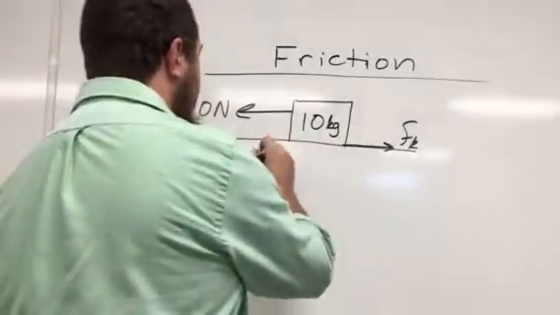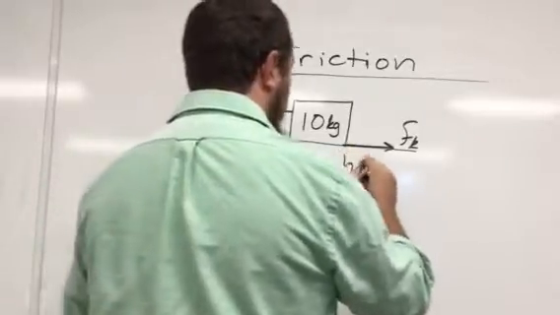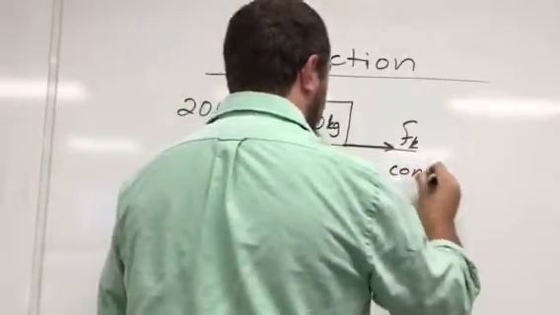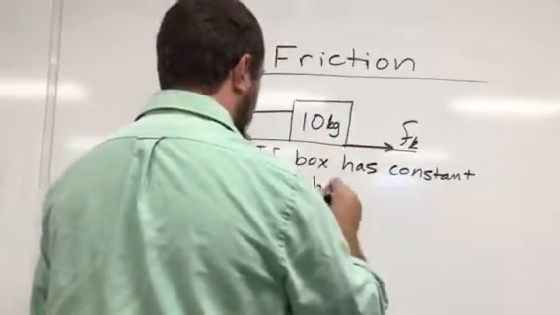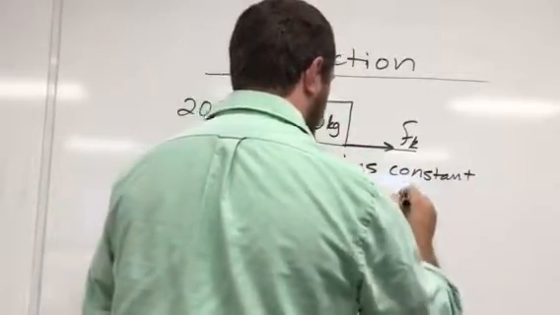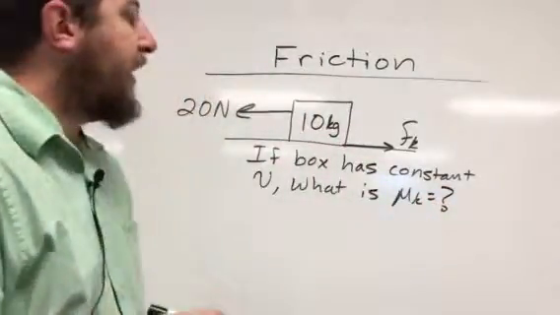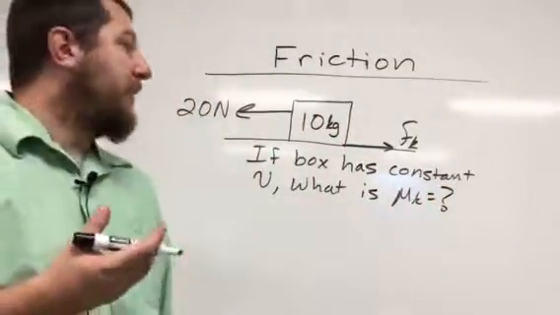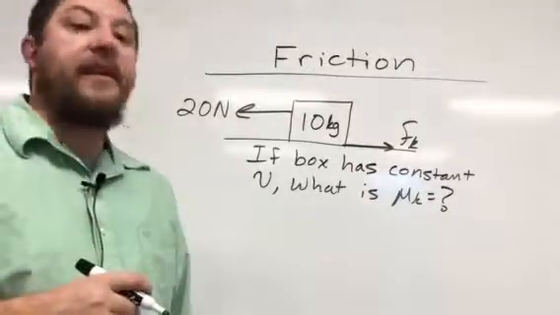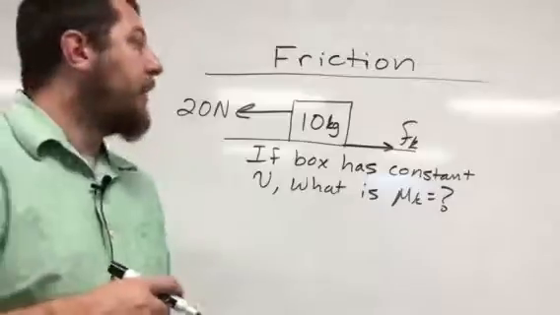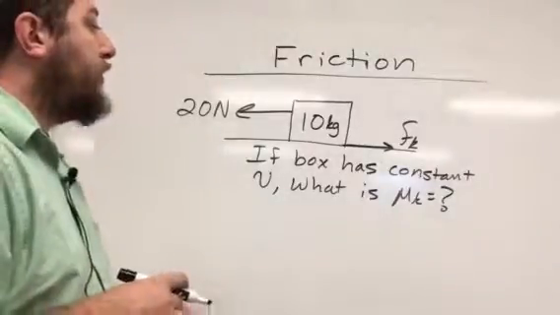So if the box is sliding along at a constant velocity under these conditions, I want to know what the coefficient of kinetic friction is. Okay, I want to know what the coefficient of kinetic friction is. So how do we do it?